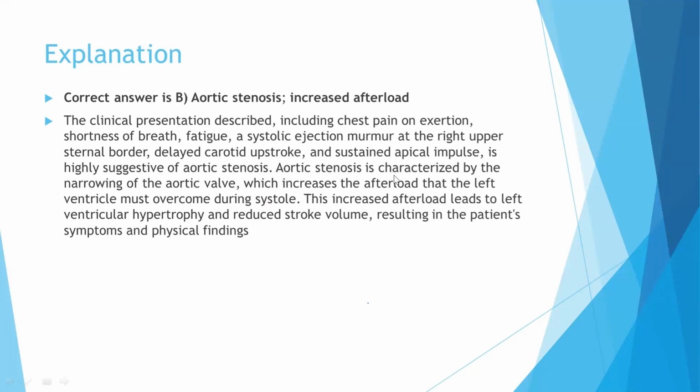Aortic stenosis is characterized by narrowing of the aortic valve, which increases the afterload that the left ventricle must overcome during systole. This increased afterload leads to left ventricular hypertrophy and reduced stroke volume, resulting in the patient's symptoms and physical findings.